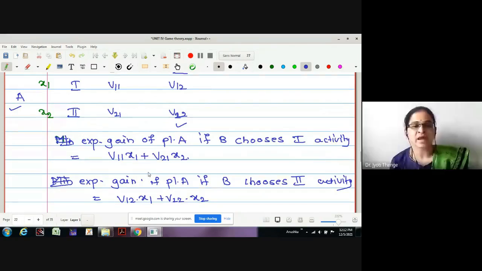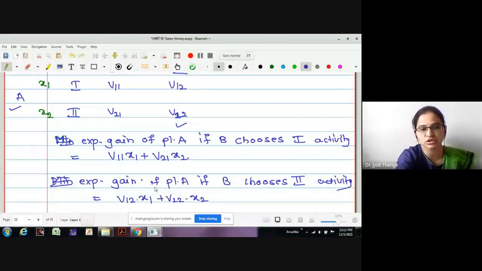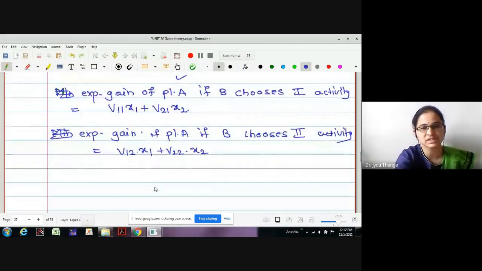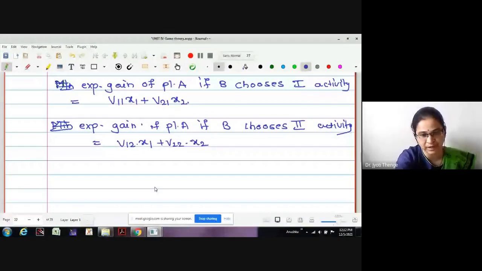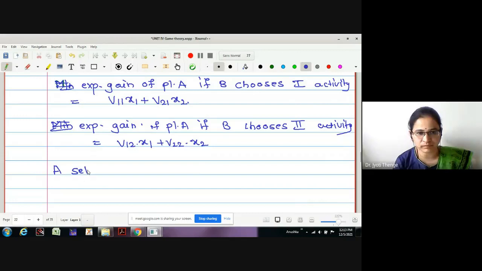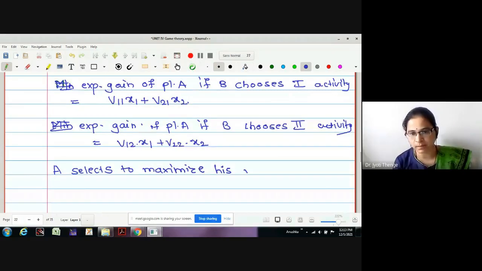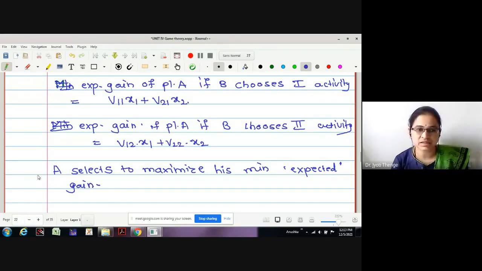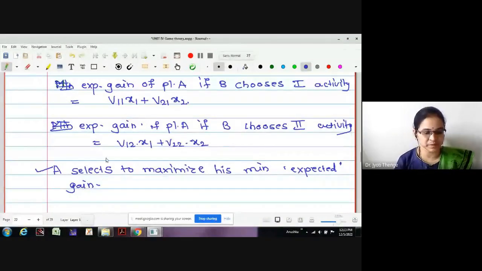No, ma'am. Now, whatever the expected gain player A has obtained according to the selection of activities, first he will find the minimum expected gain and then he will try to maximize it. Therefore, what A actually does is select to maximize its minimum expected gain.